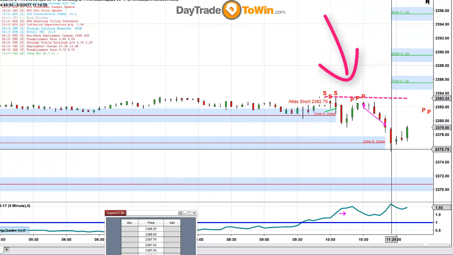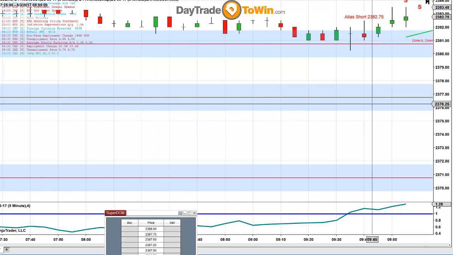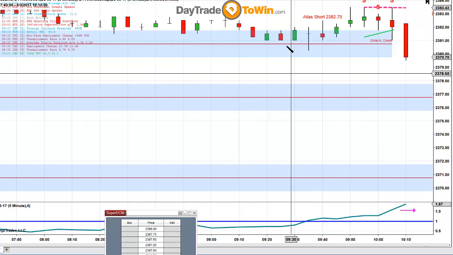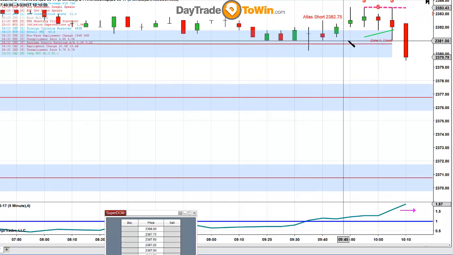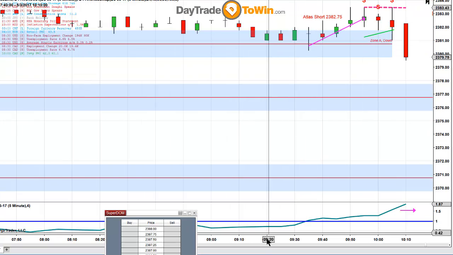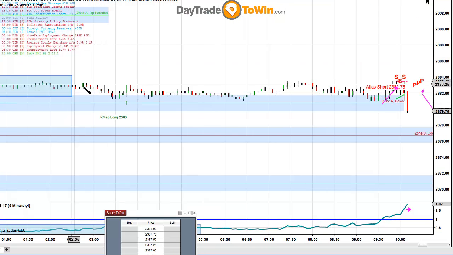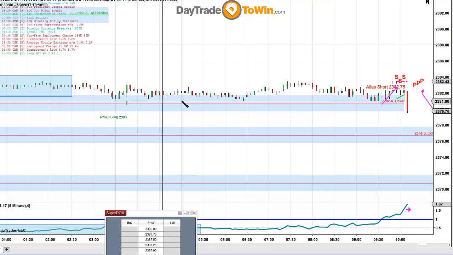And the same thing is true here. Here, the market hit the zone, and it began to immediately pop off out of it. It actually hit it earlier than that. Here, see? As soon as it hits the area, it stopped.